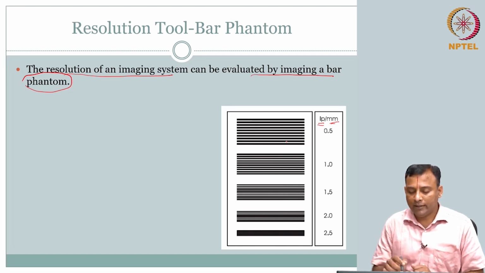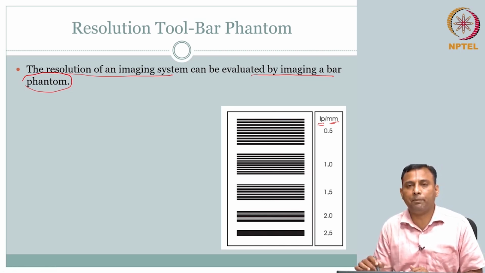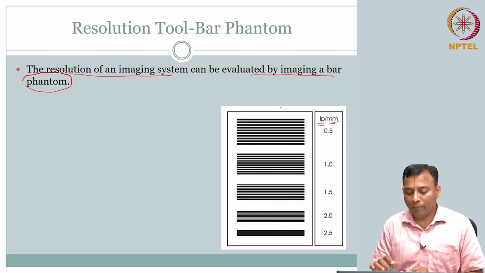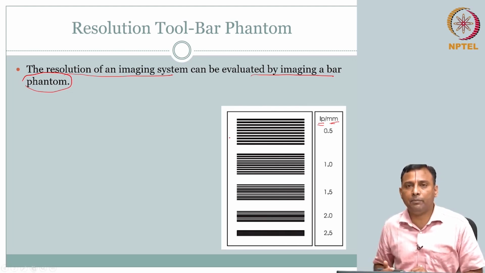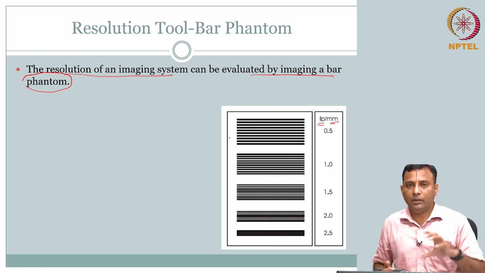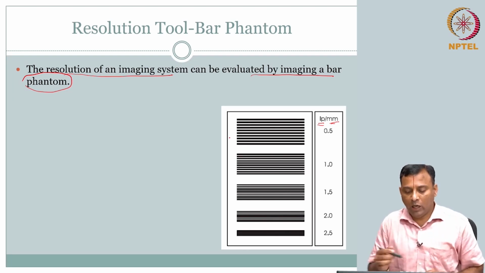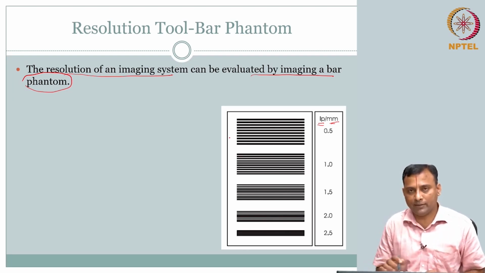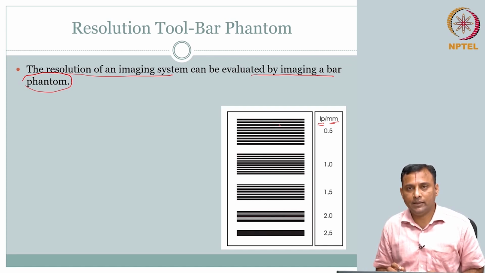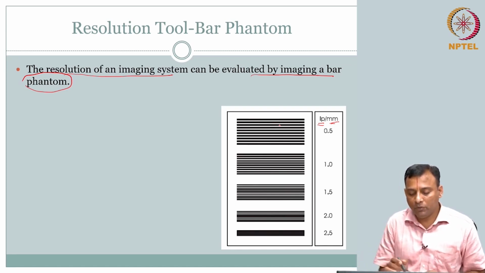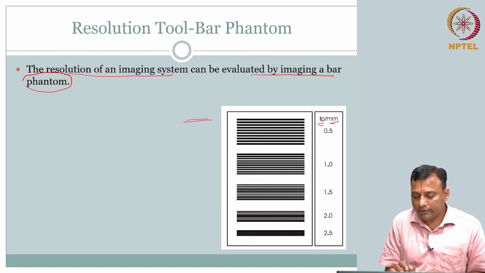When the bars are horizontal, you have some spacing between them, so you have line pairs per millimeter. If you present this calibrated bar phantom to the imaging system, the output had better be similar looking bars, and the question is whether the imaging system is able to see this as parallel bars.